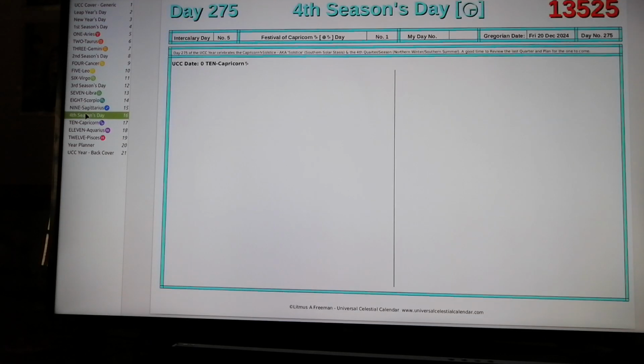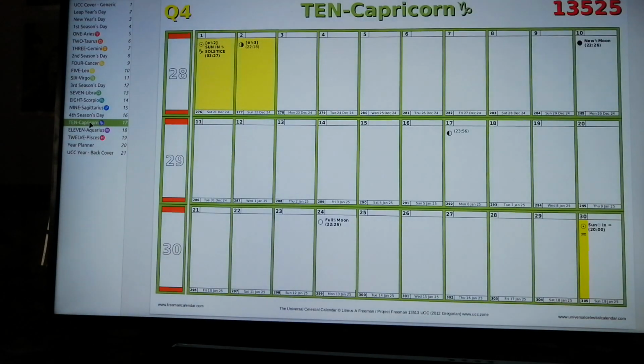Then we've got a special day for the solstice, and then we get into the winter again in the northern hemisphere, right? But as I say, wherever you are, the sun's going to be in Capricorn, whether you're in the north or the south. So the zodiac works wherever you are, which is why it's the best universal calendar for the whole planet.